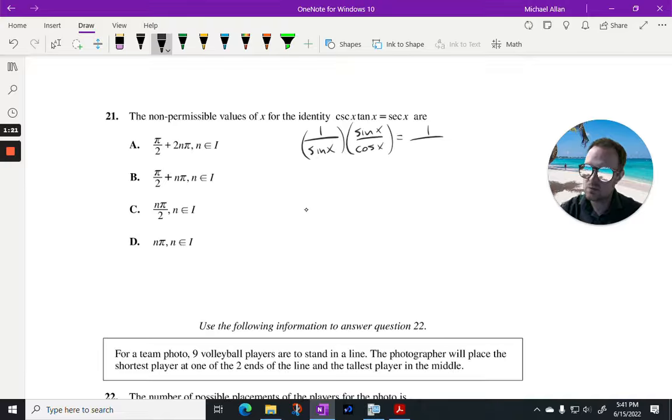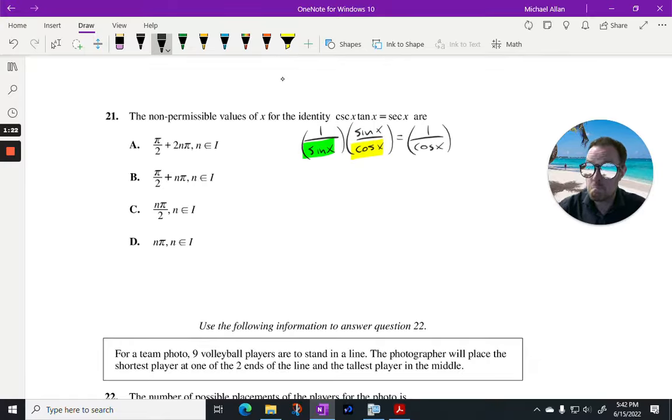Secant is 1 over cos. I'm not trying to prove this. You can see right now, just cross out the sines. They do equal each other. Yay, it is an identity. But I just had to worry about the bottoms. I'm not going to cross them off, because the bottoms, before they cross off, are still included in my non-permissible values. So I have this one and this one to deal with.